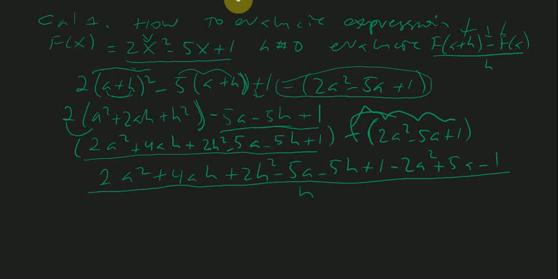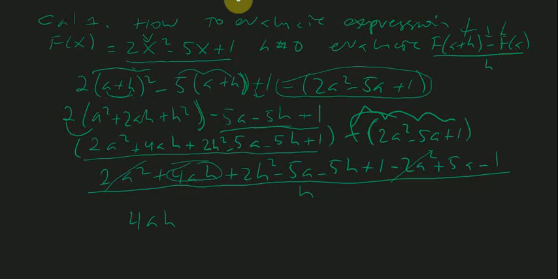Now, which ones can cancel out and which cannot? We have 2a squared here and negative 2a squared, they cancel each other. We have 4ah, and we don't see anything else with ah, so the 4ah comes down.